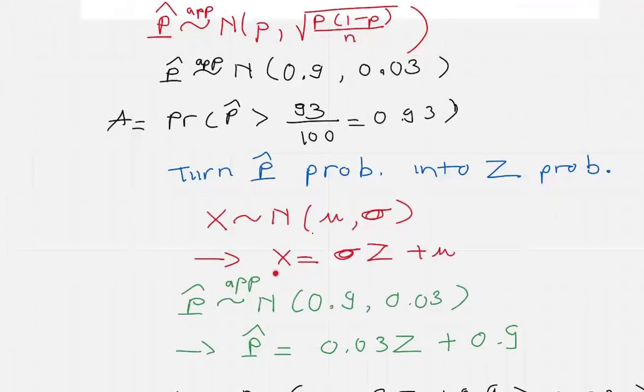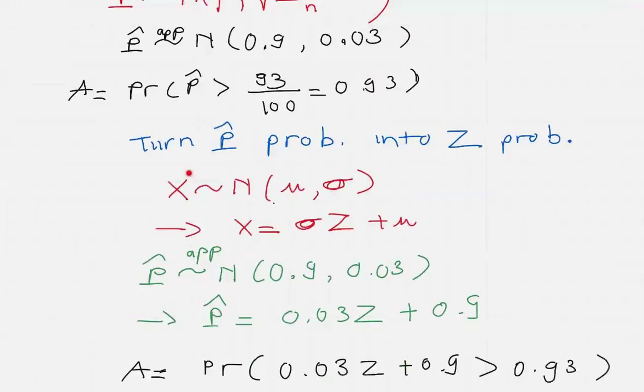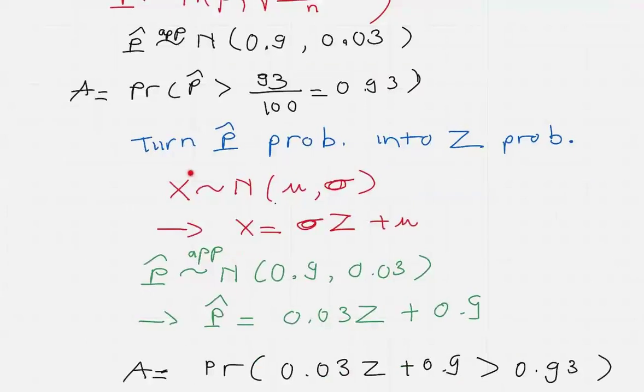Remember that when x is distributed normal with mean mu and standard deviation sigma, then this is always true. I have to put the word always here. As long as x is normally distributed with mean mu and standard deviation sigma, x can always be expressed in terms of z.